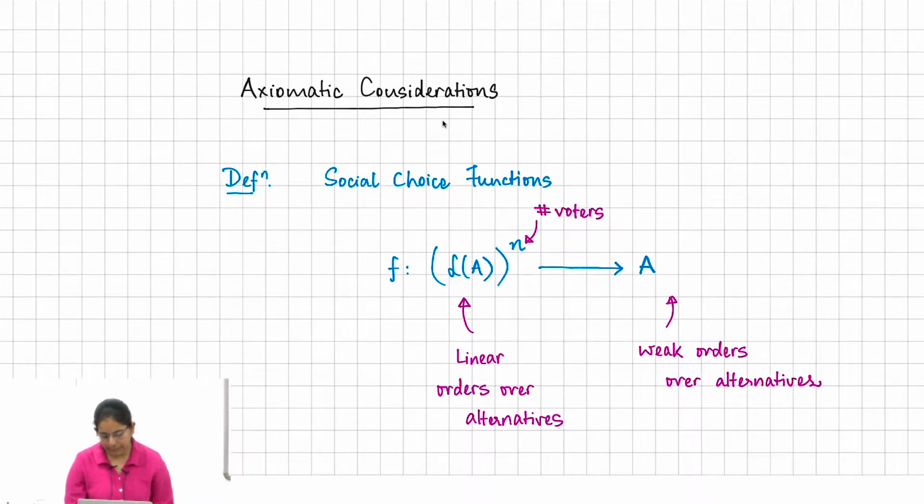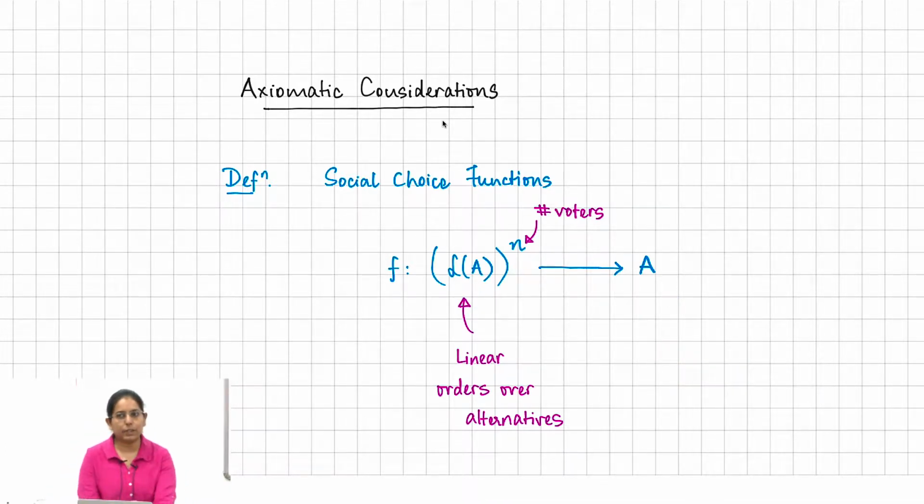Again, there are two related notions. If you want to allow for ties, then you might want to output a subset of candidates. But we are going to be thinking about resolute voting rules, as they are called, which basically take a call and output a single winner when they are given a collection of rankings. These are called social choice functions.